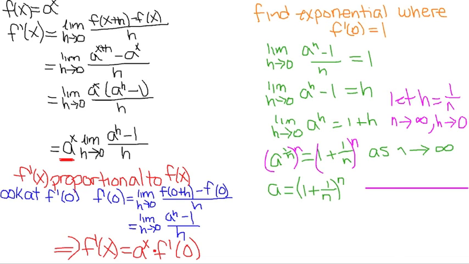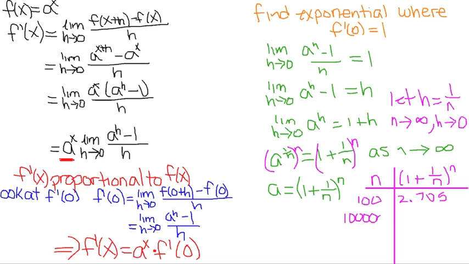So let's do a kind of guess and check here. Let's look at n and then look at what 1 plus 1 over n to the exponent n would look like. So let's start with n equals 100. If I plug 100 into that equation, I get approximately 2.705. Now let's go larger than that.